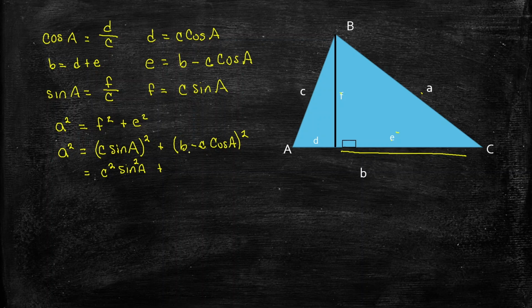So it's b minus c cosine A times b minus c cosine A. And so that comes out to b squared minus 2bc cosine A plus c squared cosine squared A. Okay, so now what can I do? I can combine some terms together here.